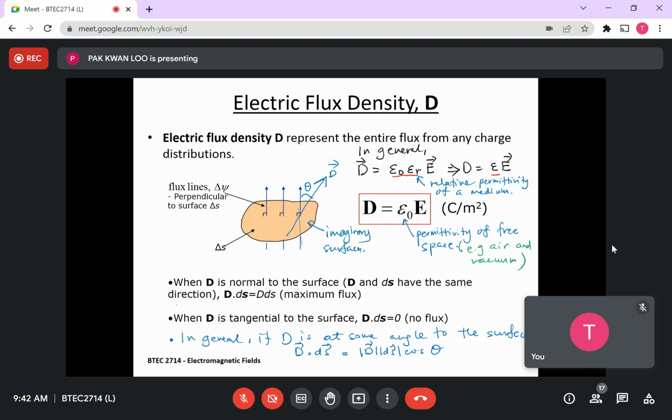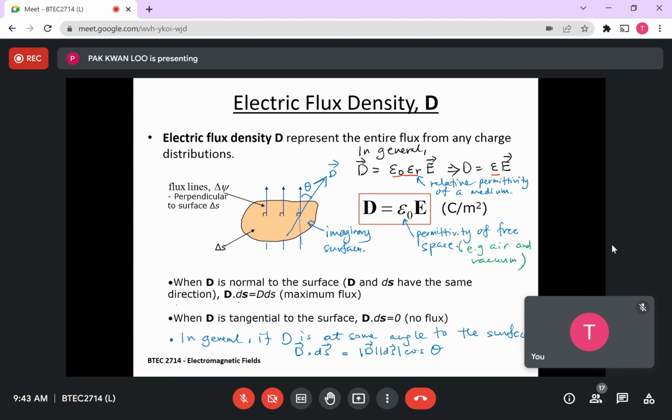So this is how we define it. Therefore, in general, if D is at some angle, then the evaluation will be the dot product with respect to the normal direction of the surface. Here we can see if theta is 0, that means the flux density direction is the same as the normal direction of the surface, then it is maximum.